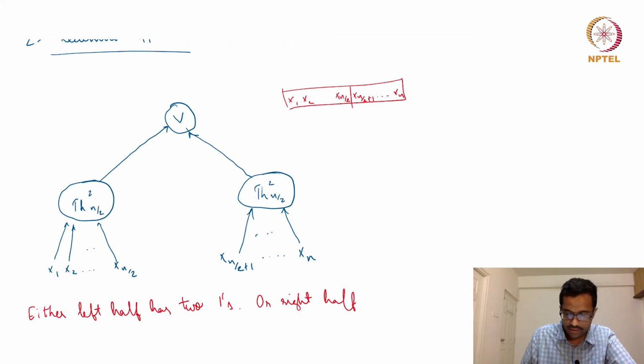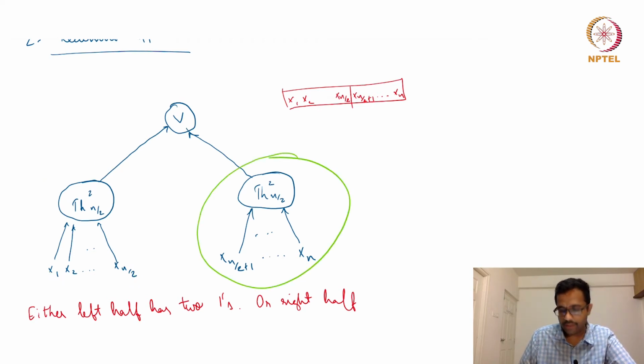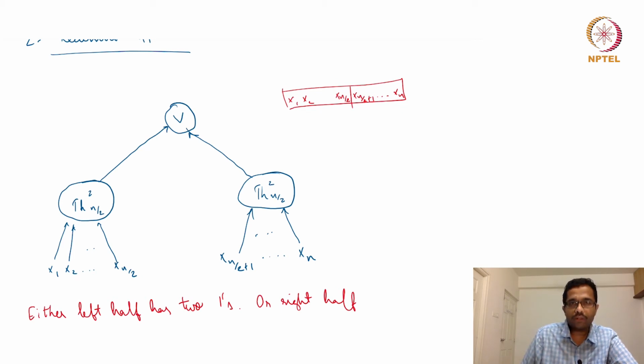Similarly, on the right side we are again using a threshold realization which takes n by 2 bits. However, there is a third possibility, that there is a 1 on the left side and a 1 on the right side. In order to realize that, we have to check: is there a 1 on the left side, and is there a 1 on the right side, and if both of them are there, then we can say okay.